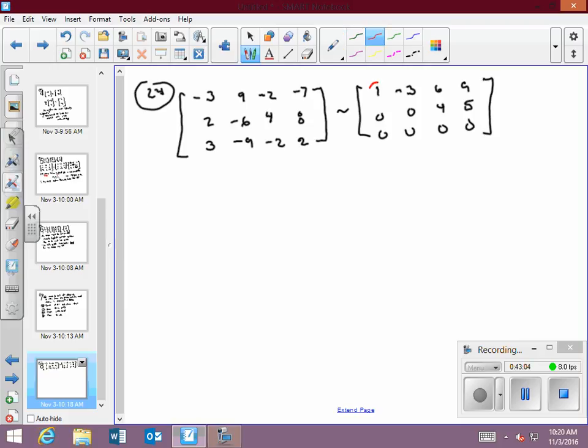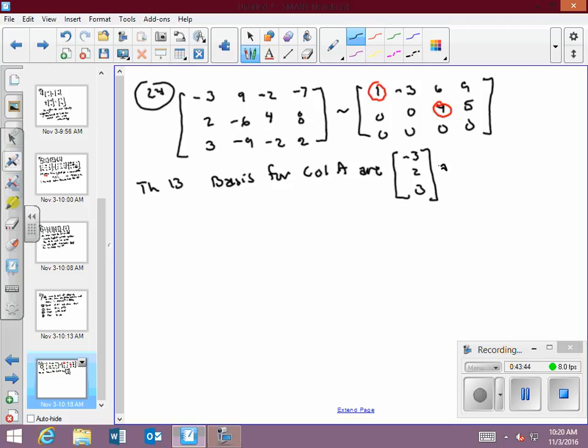Now you see that these are the pivots. And if you look at theorem 13, the basis for column A are the vectors -3, 2, 3, and -2, 4, -2.